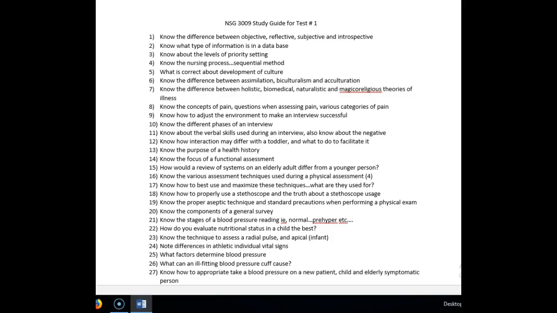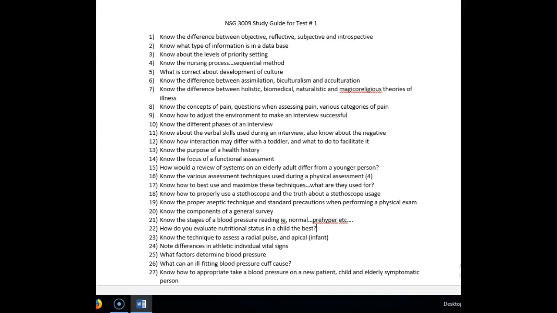When y'all were doing your assessment prior to taking a temperature orally, you want to know whether or not they've eaten or drank anything. So these are things that you are going to ask about.